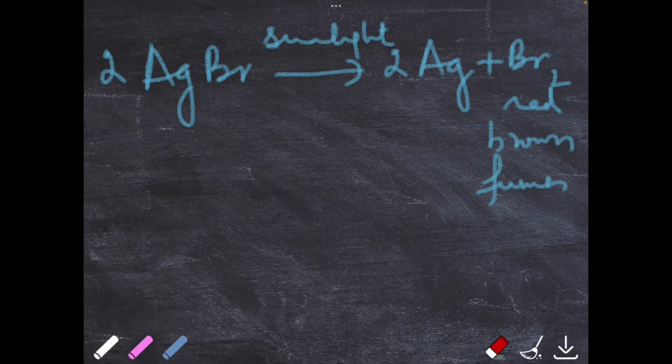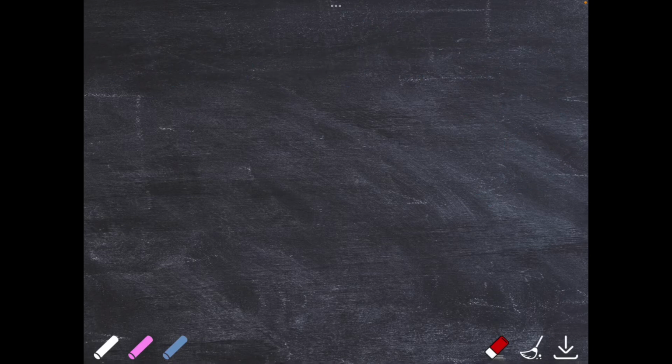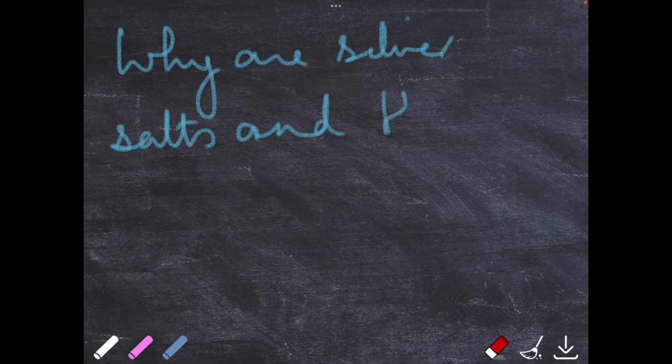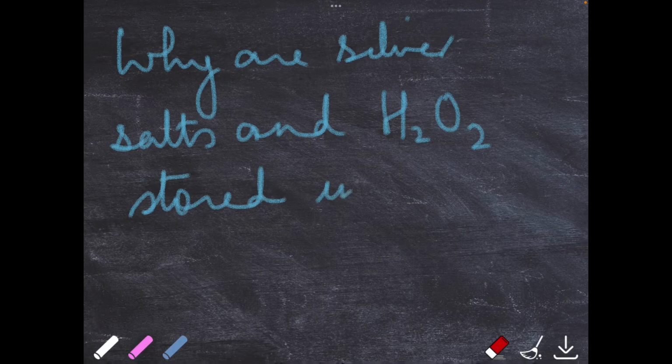Now the question which is asked in this case is, why are silver salts and hydrogen peroxide and many such compounds stored in dark colored bottles?